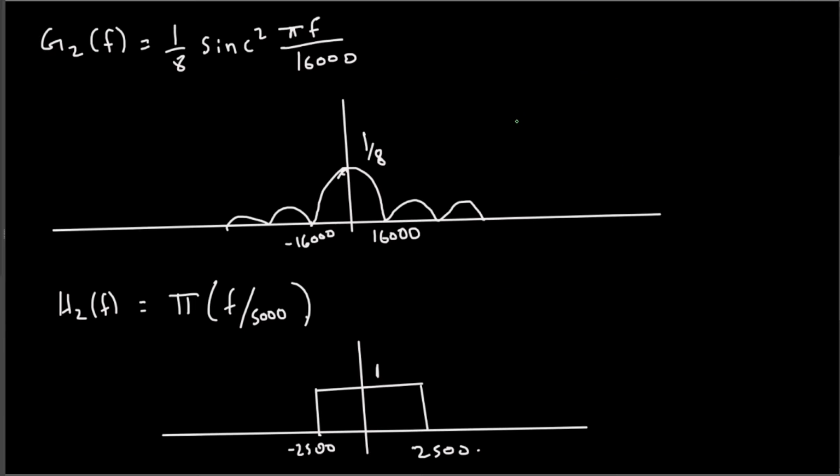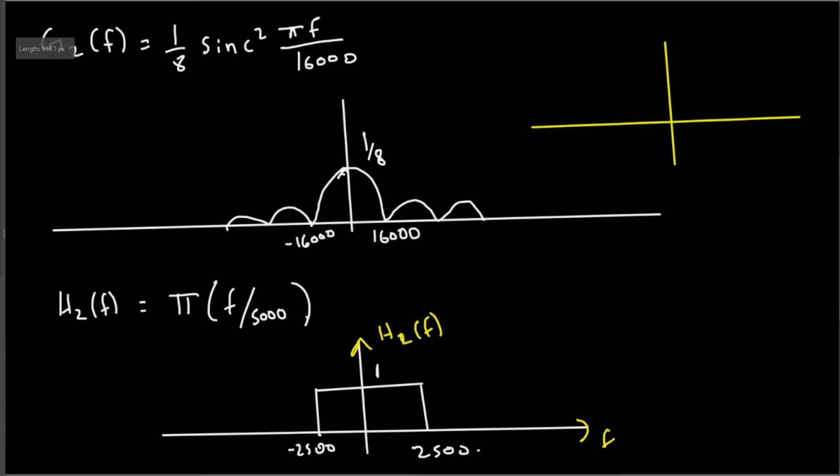Okay. This one is for H2 of f, and this frequency. And then if we draw the diagram, this one is G2 of f, frequency.